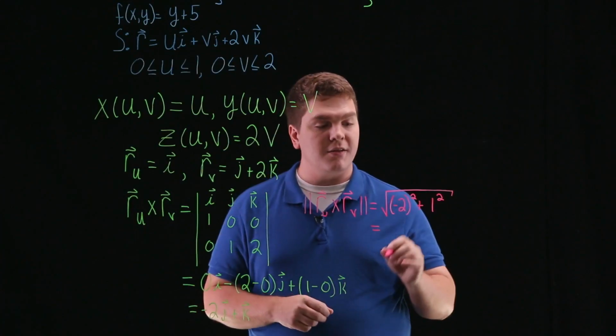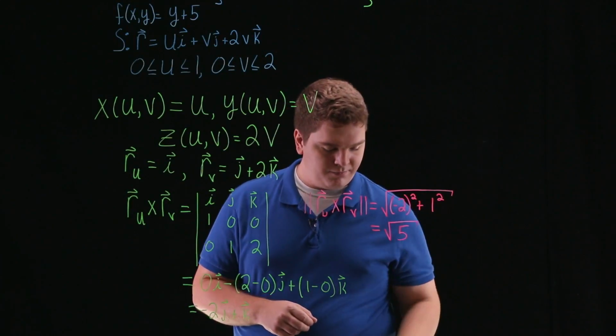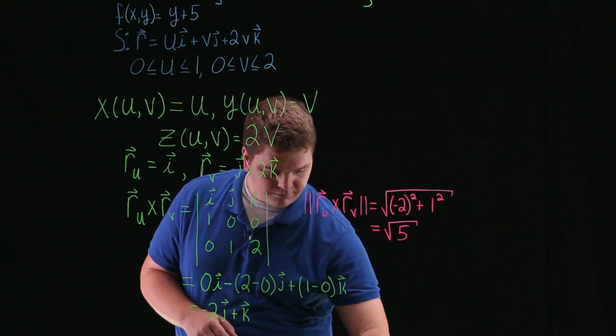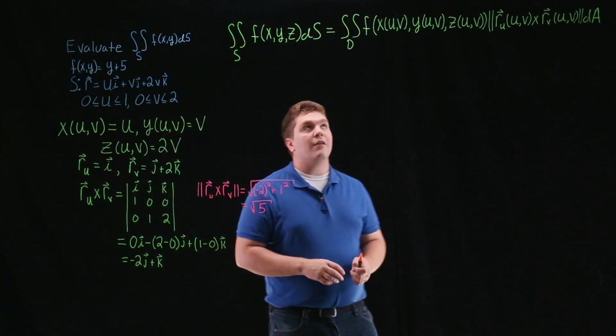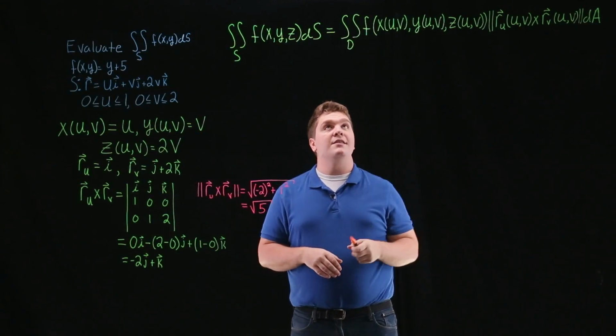So this is going to be the square root of 5. Now we have all of our pieces of information. Let's substitute all of this into the equation up here.